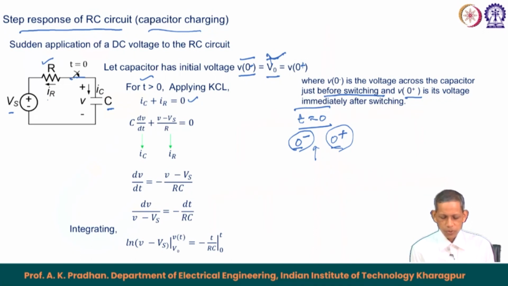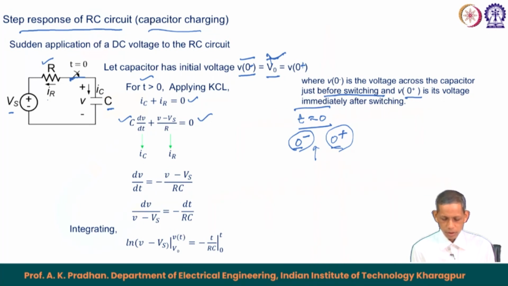If we substitute I C equals C dV by dt, and I R equals V minus Vs upon R, because I have marked the I R from right to left, that becomes equals to 0.